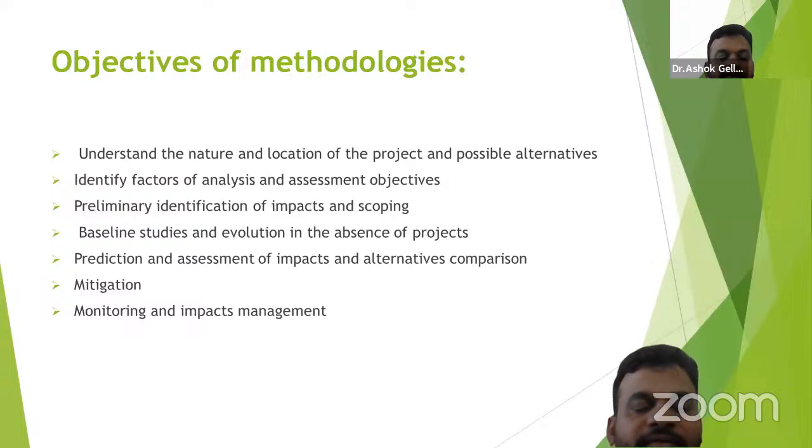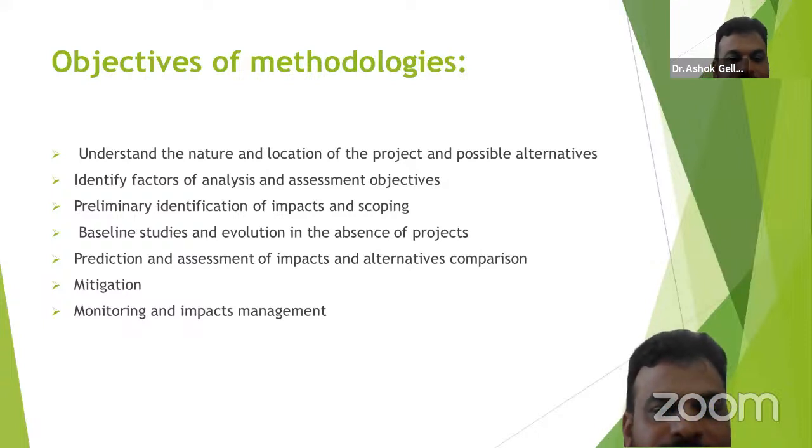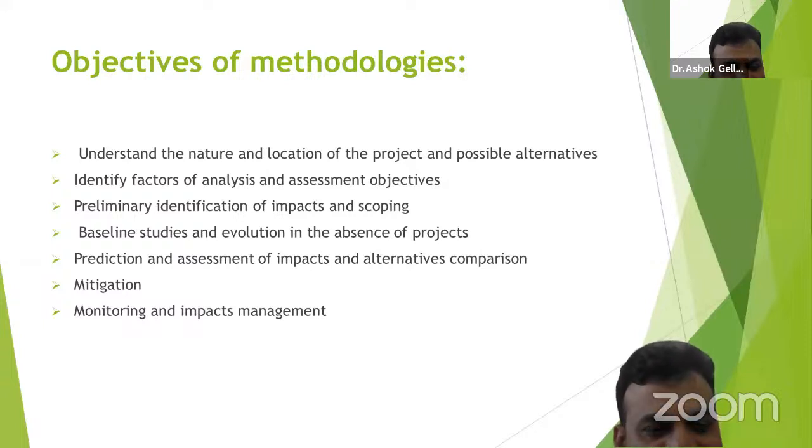The preliminary identification of impacts means the natural resources availability and pollution status of the area, the forest cover, and biodiversity. All these aspects we need to identify and study the impacts of before starting the project.